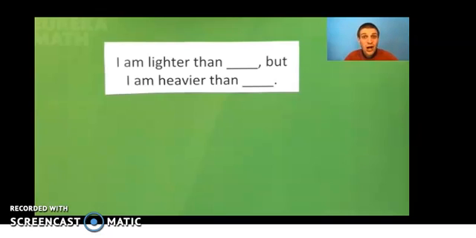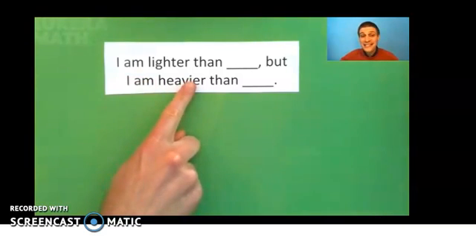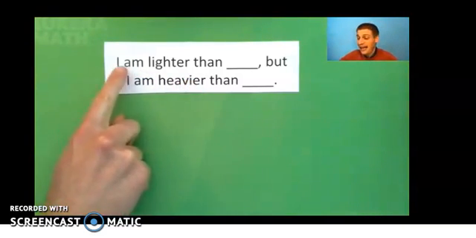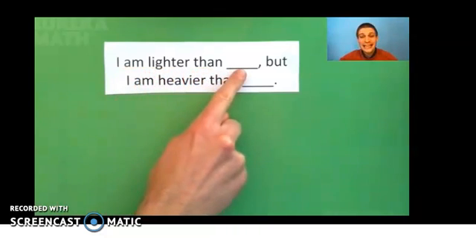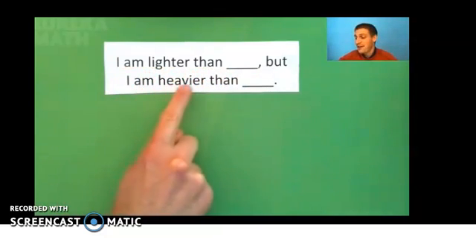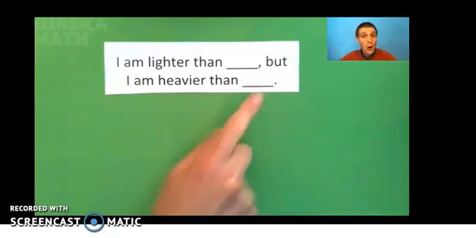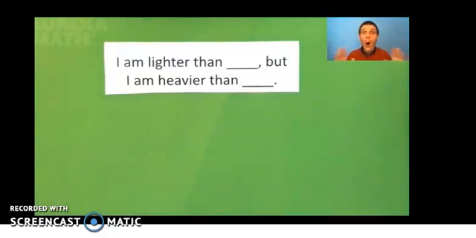Your job is to draw two pictures that make this sentence true for you. What are you lighter than? What are you heavier than? Pause your video and draw those two pictures now.